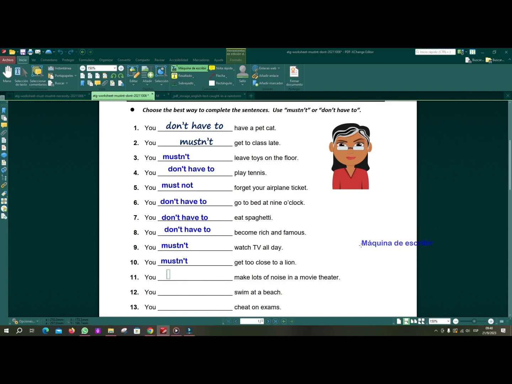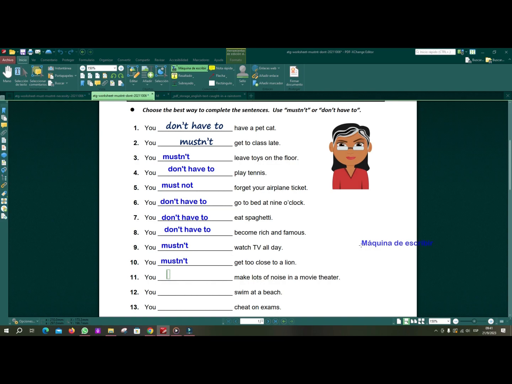So, 11, you make lots of noise in a movie theater. Mr. Josue, what do you think about that one? Mustn't or don't have to? Como, a veces me tengo que reír.